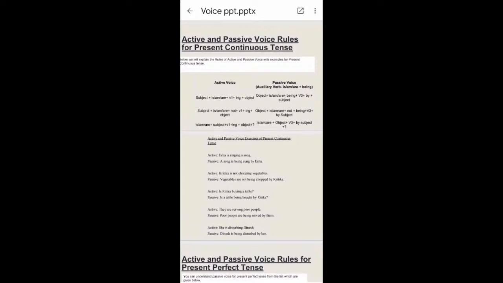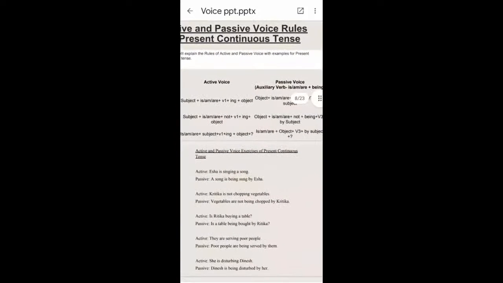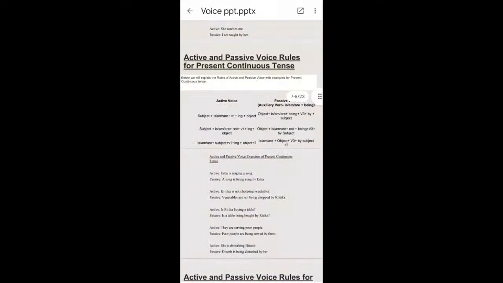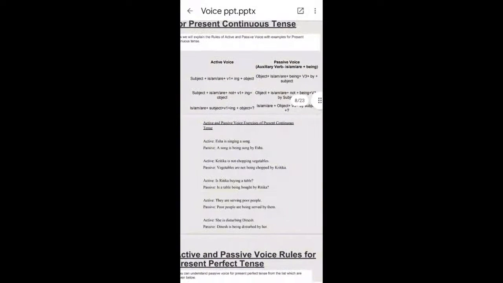Always, whenever you are converting active present continuous tenses to passive present continuous tenses, you have to add being there. For any type of sentences, question also. If it is in the continuous form, then in the passive form, you have to include being there.